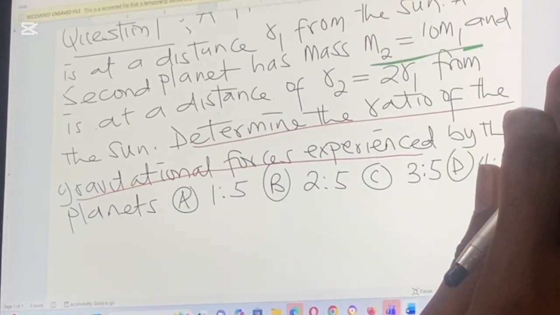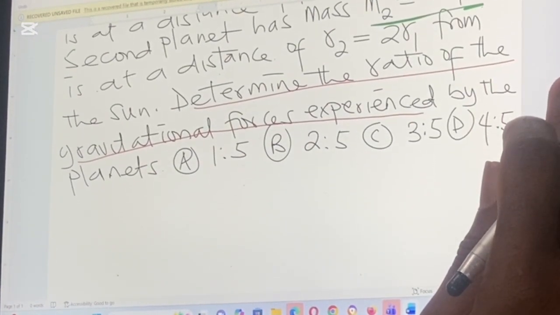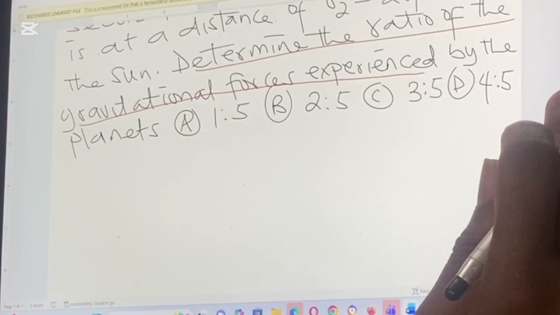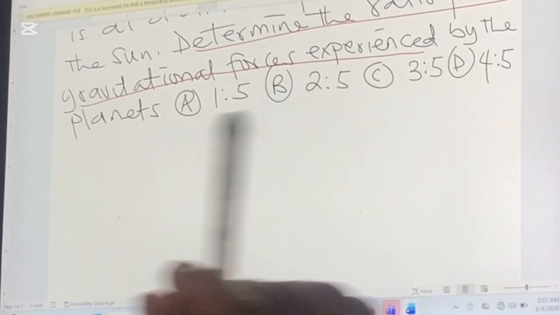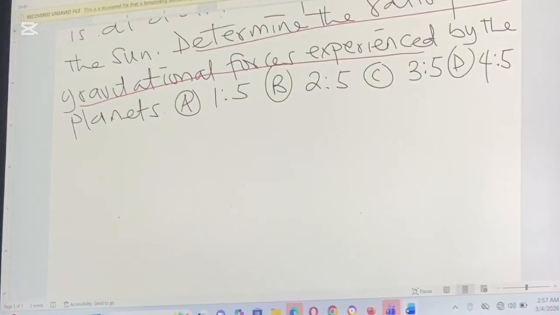Okay, for us to solve this question here, we have to know what is gravitational field. Please take note. We said that gravitational field is a region where force of gravity is experienced or felt.